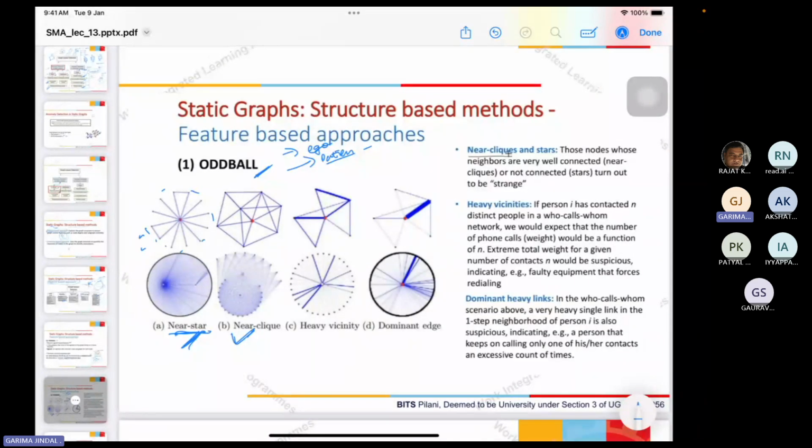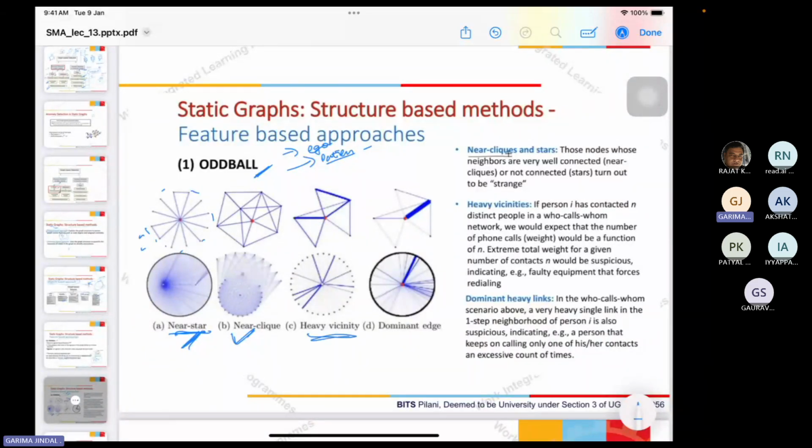Because in real-world social networks, it is very difficult that everybody is connected to everybody else. Such patterns do not actually exist in social networks, so this kind of behavior can be considered anomalous. You can see in these examples, we are seeing the structure of the network.